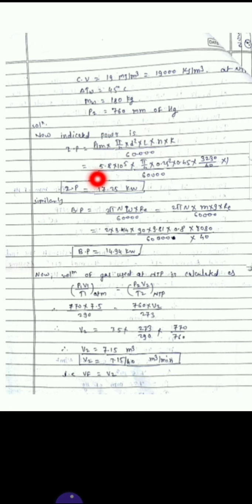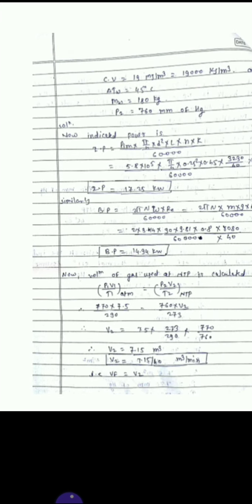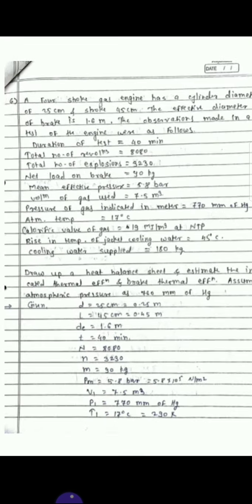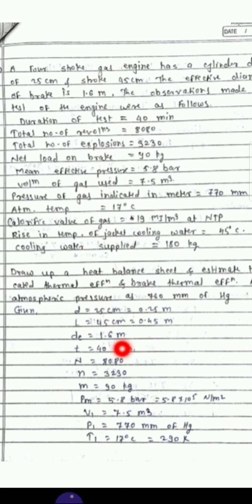PIM 5.8 into 10 raised to 5, pi by 4, d is known to us, L is known to us, small n is given. Small n is given here as 3230, but we have to consider this small n per minute, because this value 3230 is for the 40 minutes. So we have to consider it for 1 minute.